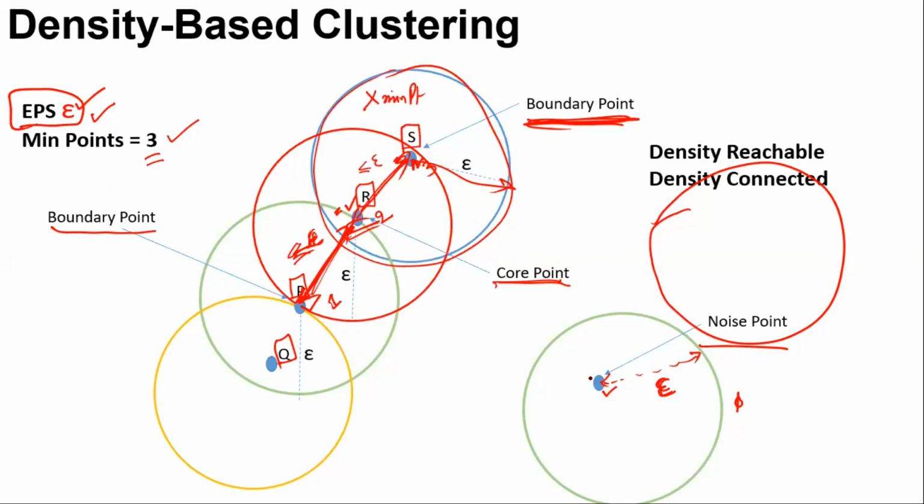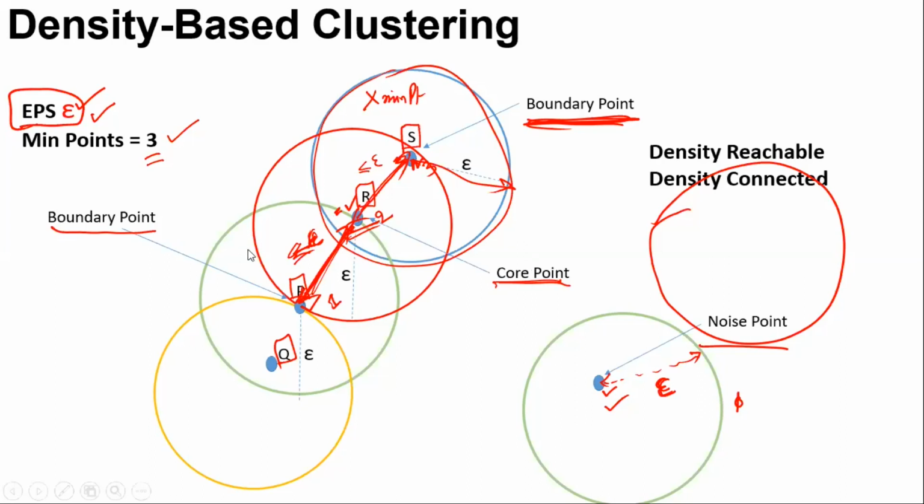It is far from Q, far from P, far from R, far from S. So we call this an orphan element. What does orphan mean? Noise. We simply identify it and keep it aside as noise. This is how the density-based clustering algorithm revolves around the concept of epsilon and minimum number of points.